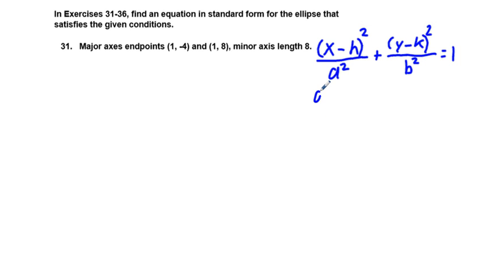Now a is defined as our semi-major axis. So that's going to be 1/2 of the major axis, or longest axis, and b is defined to be the semi-minor axis.